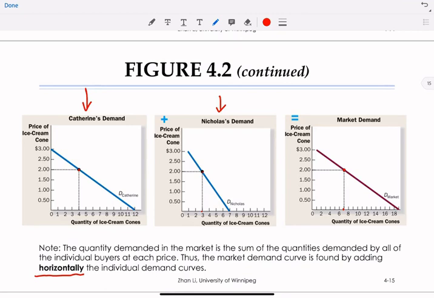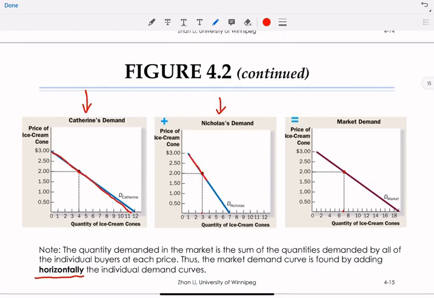You can imagine that this is Catherine's demand curve, and this is Nicholas's demand curve. If you add up these curves horizontally, you will get a curve which looks like this. So this is the market demand, right?